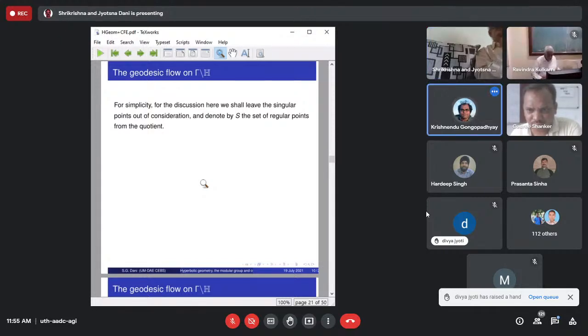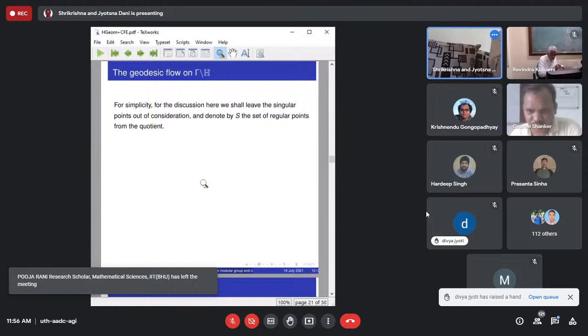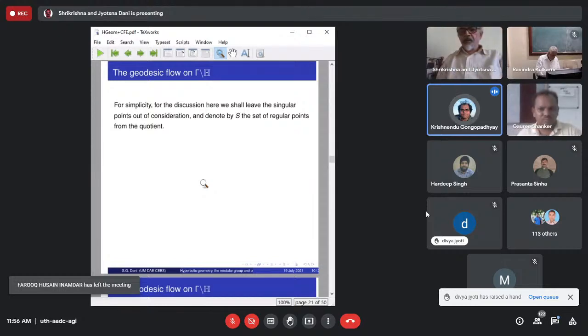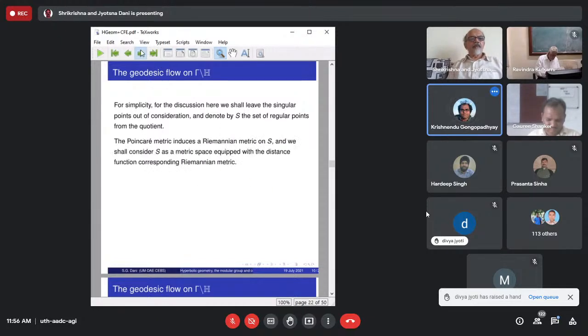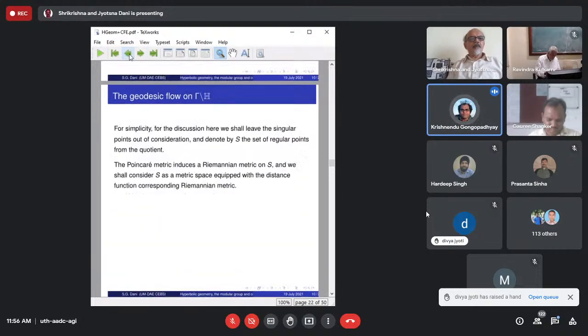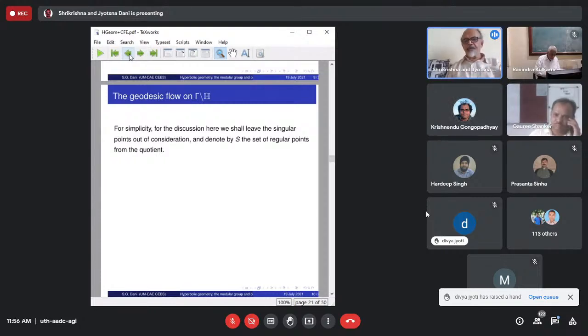There is a hand raised. The participant may ask if he or she wants to ask anything. Participants can raise hands to ask. Okay, it seems it's not intentional. Maybe by touch screen, the hand has been raised. So if Divya Jyoti is there, either you ask a question or lower your hand. Anyway. Now, Professor, may we start? Yes, we can start. Welcome back.